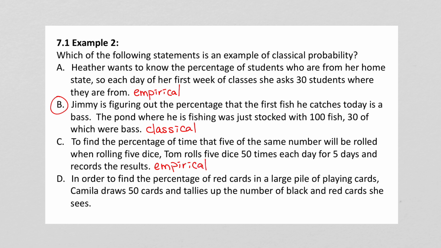And D says in order to find the percentage of red cards in a large pile of playing cards, Camilla draws 50 cards and tallies up the number of black and red cards she sees. So she has counted the number of cards. Also empirical probability.